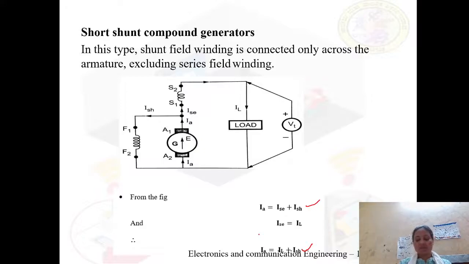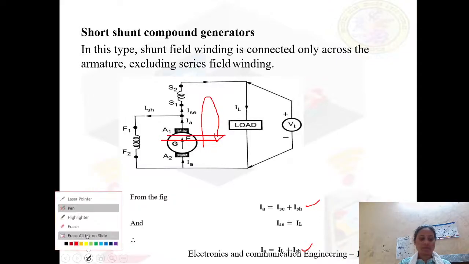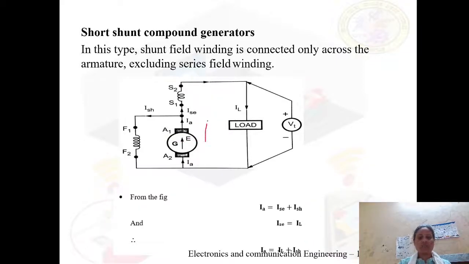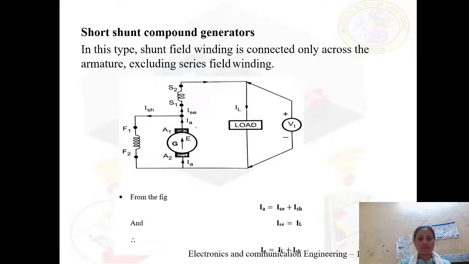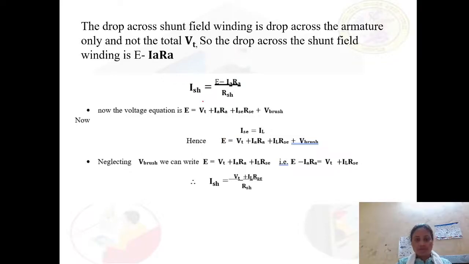Okay, right. Now we will move to the voltage expression. The voltage expression can be written by considering this loop. So that is, VT is equal to VT, IARA, ISE RSE plus V brush.